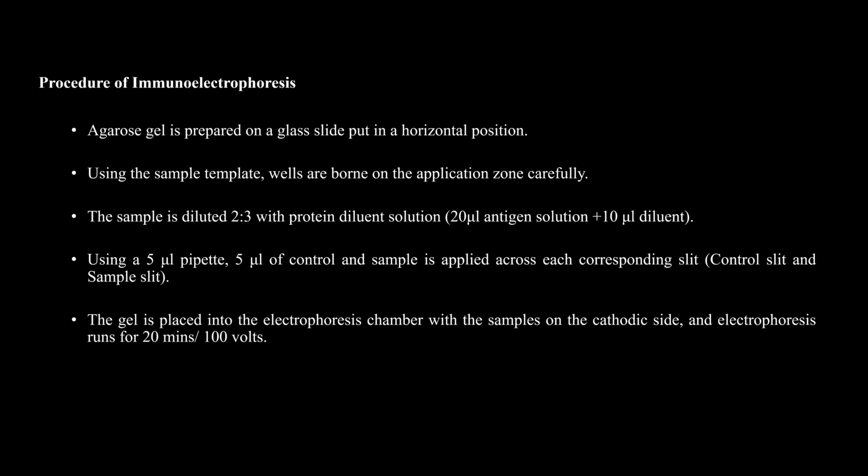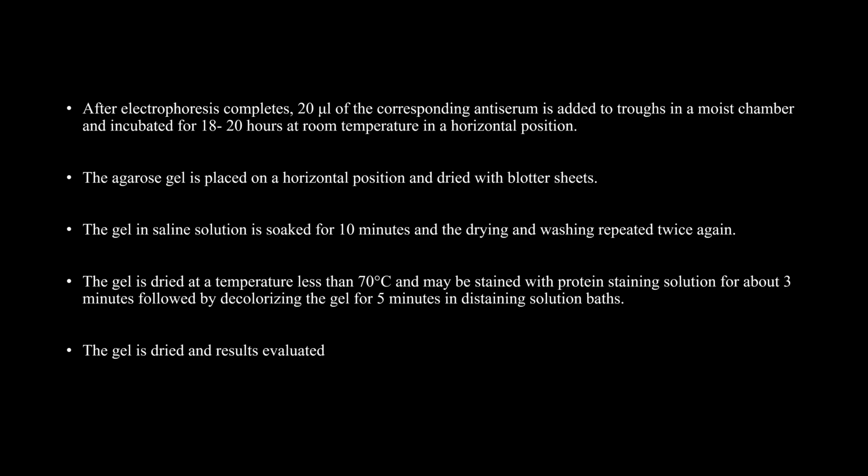The electrophoresis chamber carries the sample toward the cathode side. Electrophoresis runs for 20 minutes at 100 volts, then the corresponding antiserum is added to the trough and incubated for 18 to 20 hours at room temperature in a horizontal position.